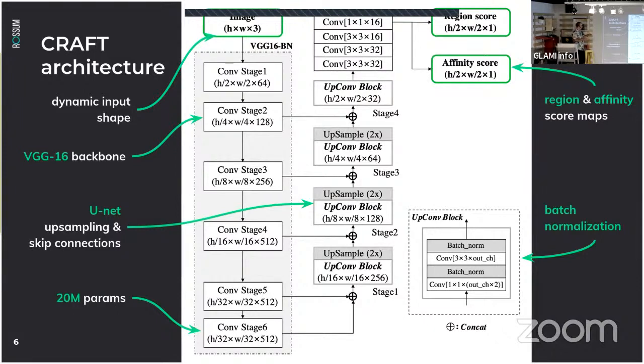They compress the image into some small resolution, and then there is something like a UNet where they do upsampling with some skip connections. At the end, there are classifiers for each pixel, in half resolution of the input image. Plus they added batch normalization for the VGG backbone. And the whole network has around 20 million parameters.